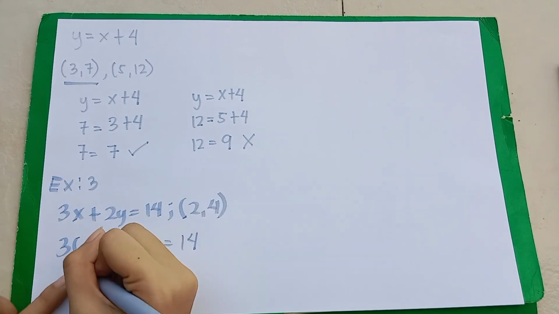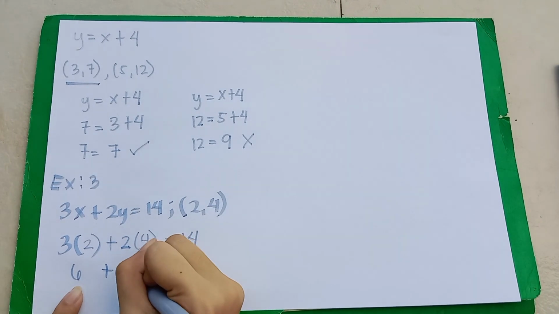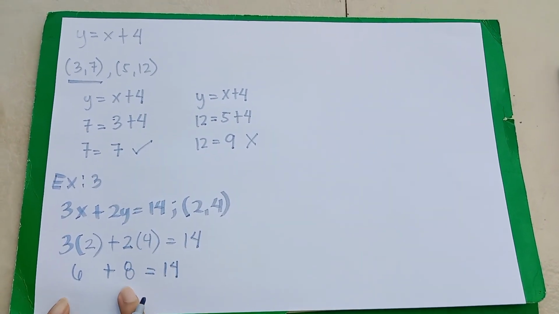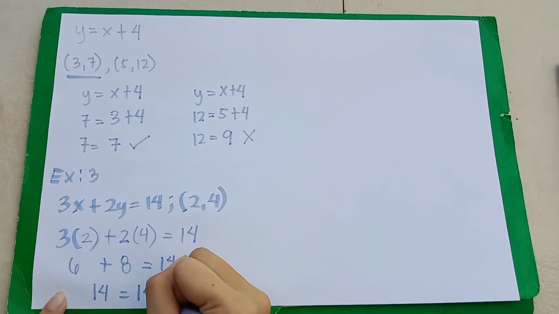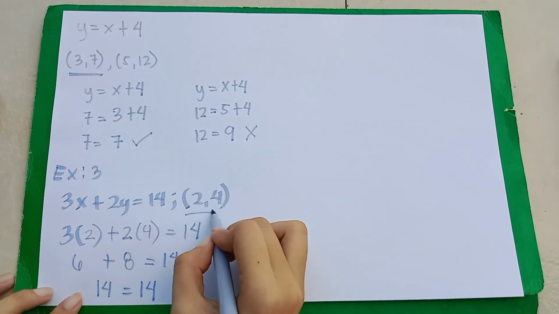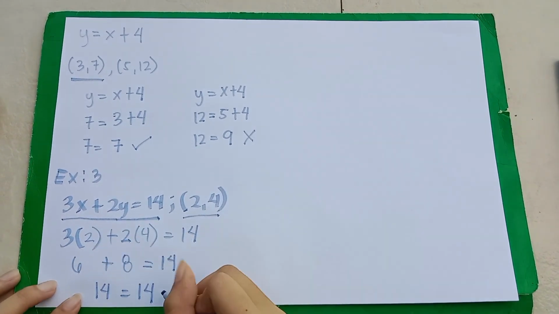So 3 times 2 is 6, plus 2 times 4 is 8, equals 14. 6 plus 8 equals 14. So we can say that 2 and 4 is a solution to our equation 3x plus 2y equals 14.